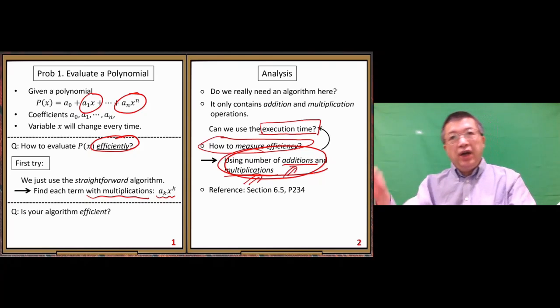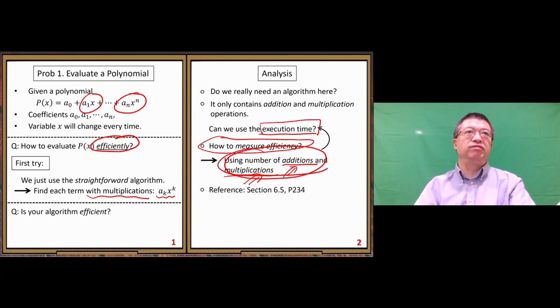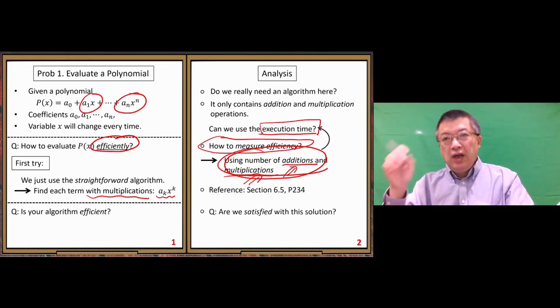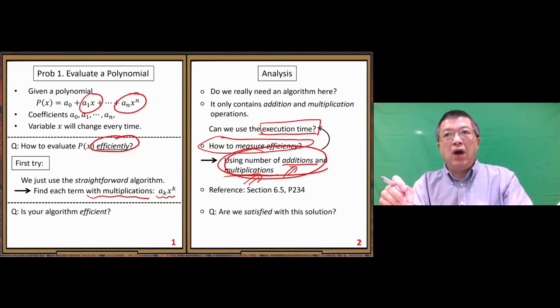Question: is your algorithm efficient? At this point, you may not have enough information. It could be too early to answer this question. Because at this point, if we ask whether we are satisfied with the solution, it's not easy to answer.